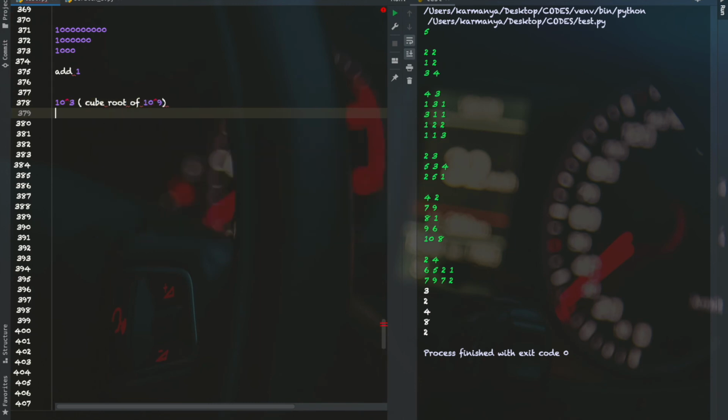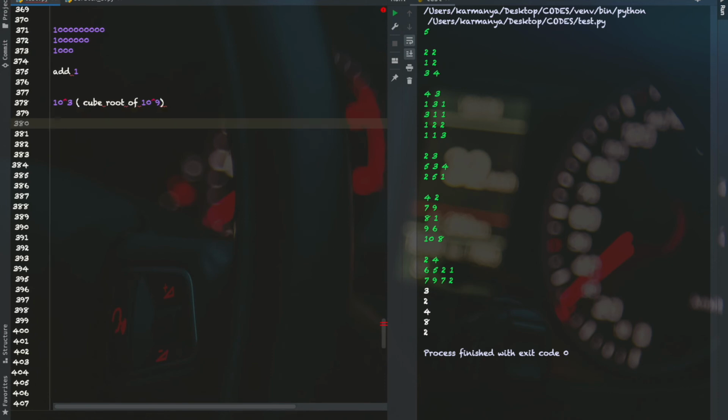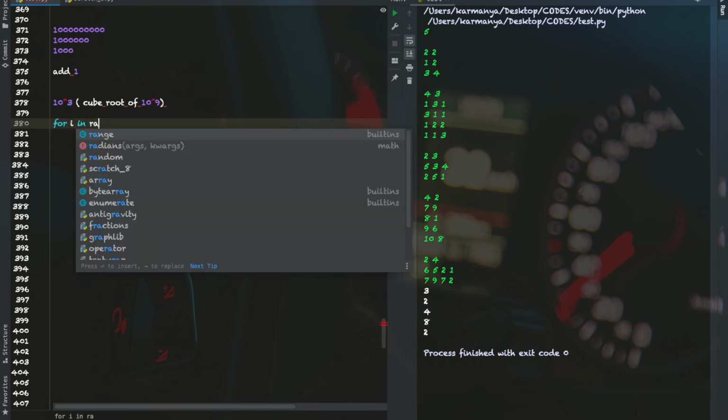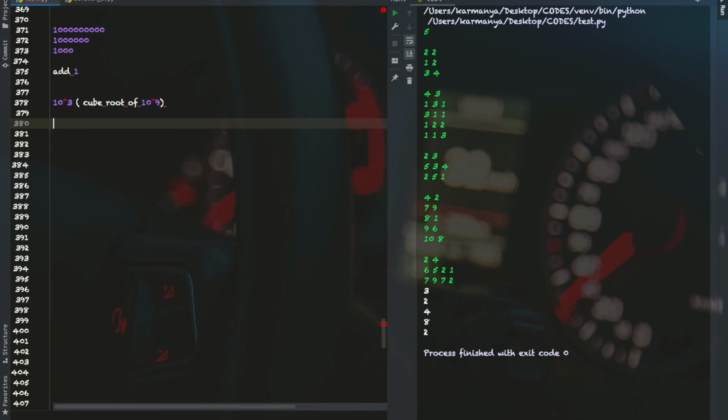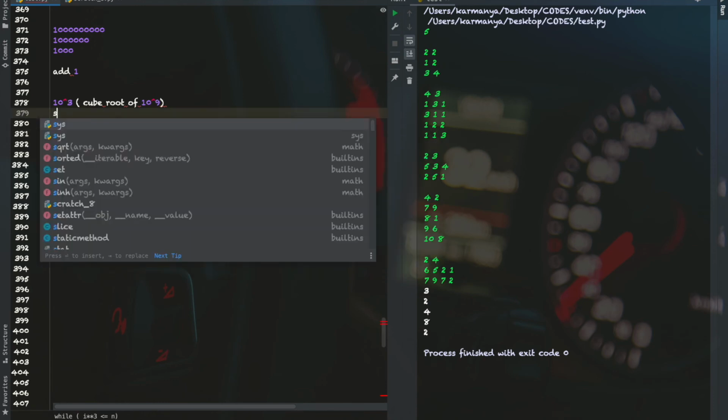You can take a loop, for example while i cubed is less than or equal to n, and you can maintain a set.